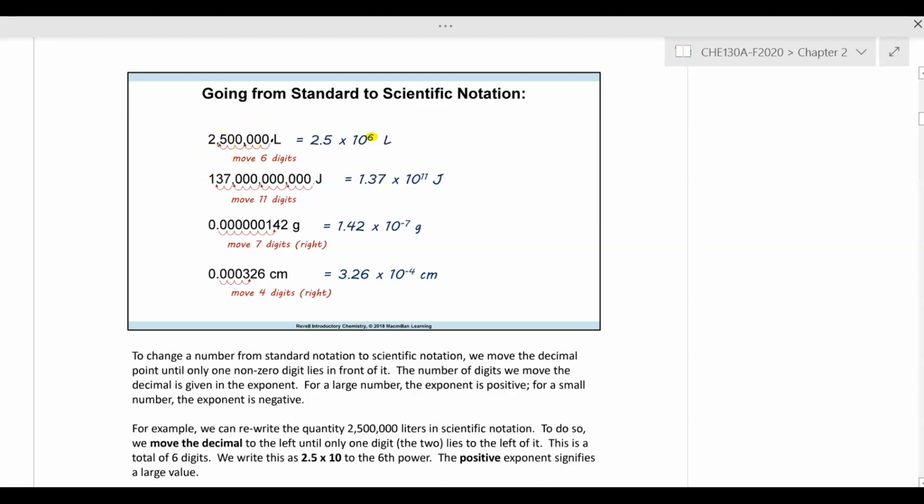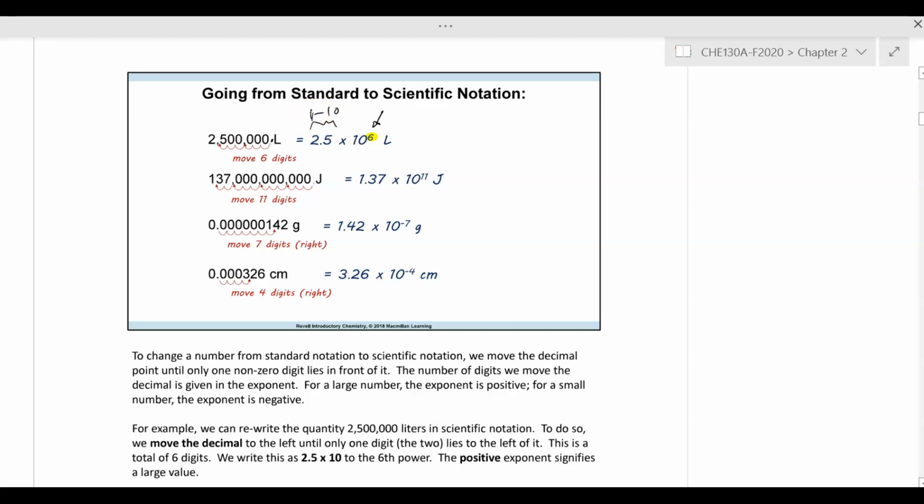Since we're going to the left, the number is bigger than 1, so we're going to have a positive number. We moved it 6 times, and when we get to the point where we have a number between 1 and 10, remember that's our point where we're okay with it, we've got that number.